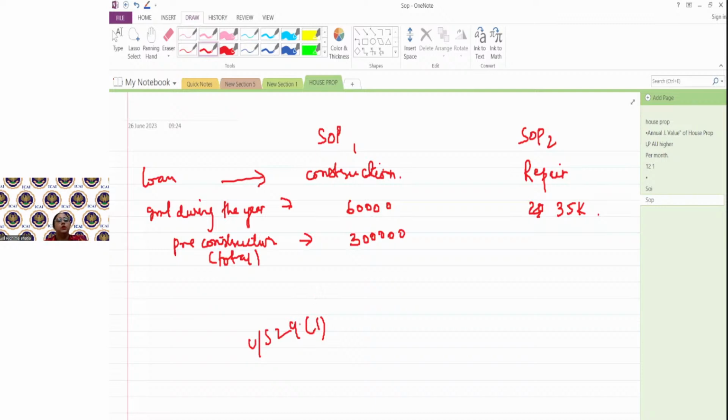What is the total deduction allowed under section 24B for SOP 1 and SOP 2 combined? अगर ये सही कर लिया तो यहाँ से समझ आ जाएगा that you have got the concept right.